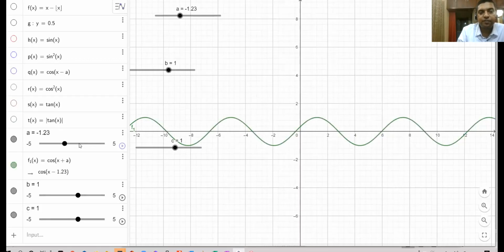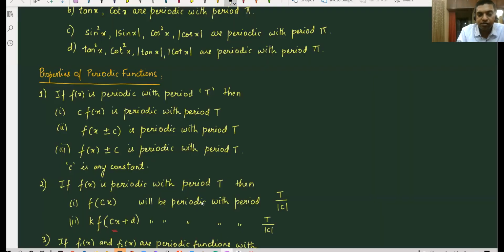So what do you understand is, when to a function you add a constant or subtract a constant, the function will move up or down.